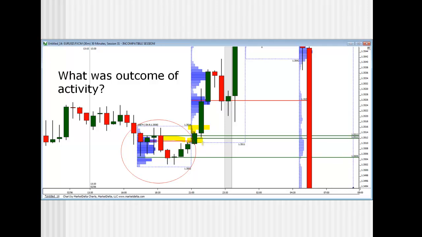Now, if I wanted to be conservative, the problem with being conservative with the Forex market is that the moves in the Forex market are usually rapid and quick. That's the nature of the market. The market just doesn't look back. It's a very different market from the futures market. And so if I wait for this candle to close, look at how much of the move I will have missed.